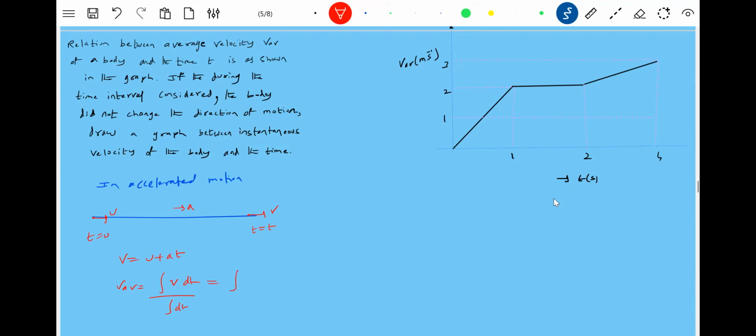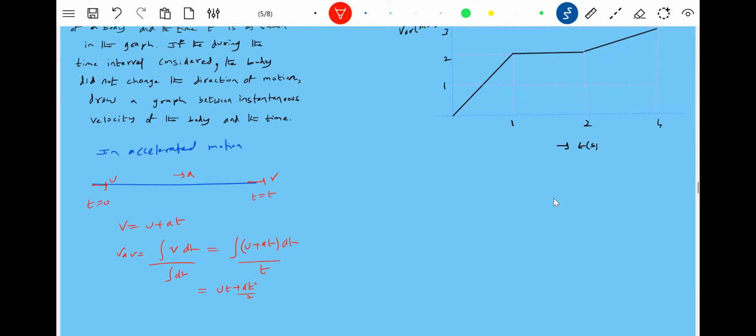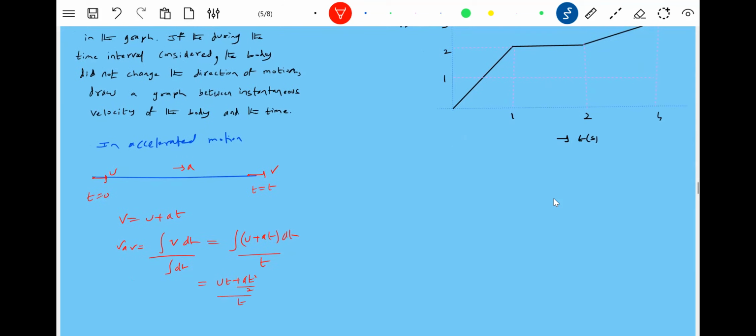So this should become the integral of u plus at dt by t. Solving this, finally we'll end up with u plus at by 2.